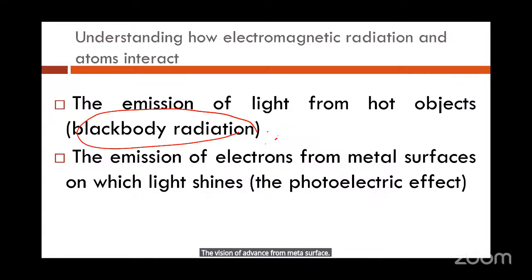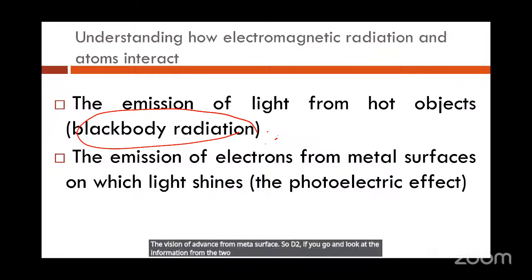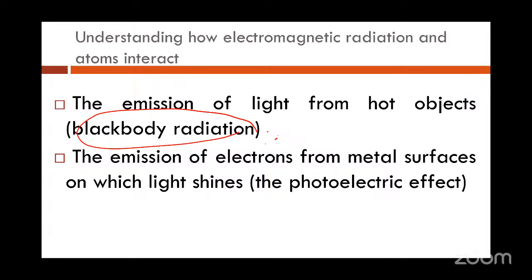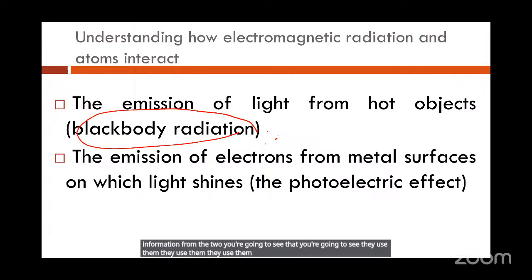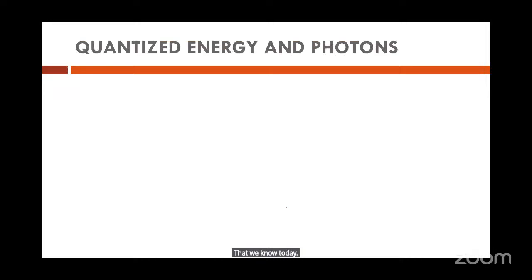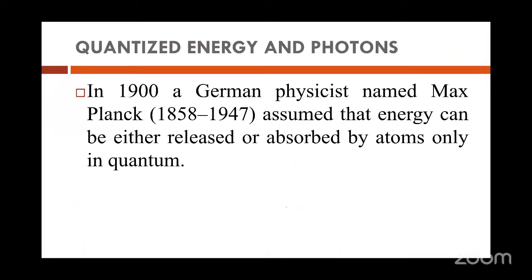So if you go and look at the information from the two, you're going to see that they used them to understand the structure of atom that we know today. And information about German physicist Max Planck, who assumed that energy can either be released or absorbed by atoms only in quanta.